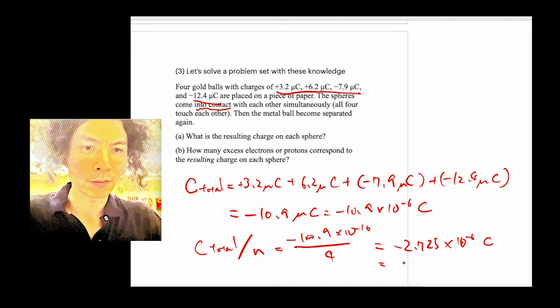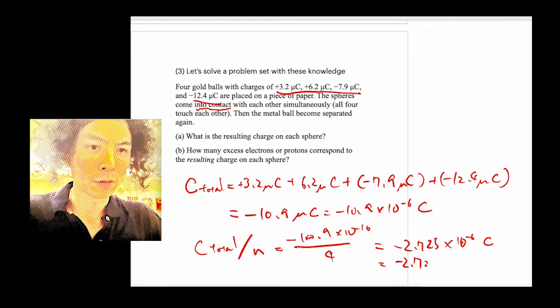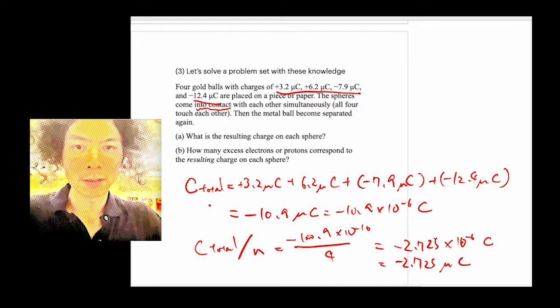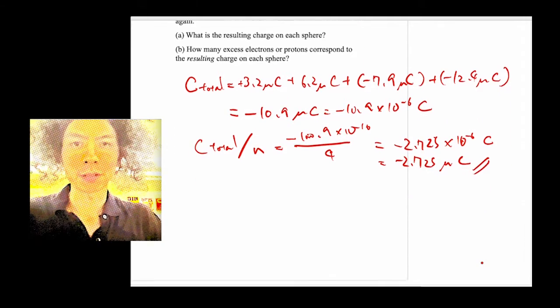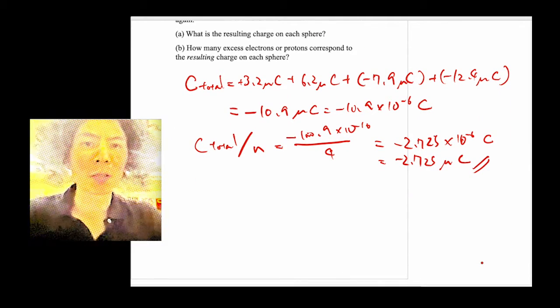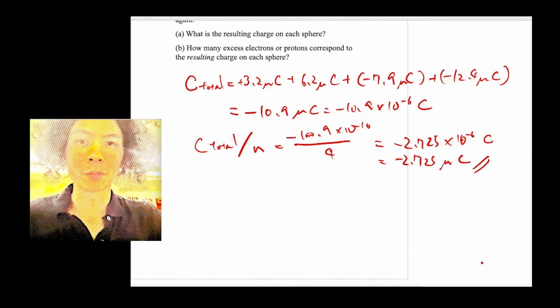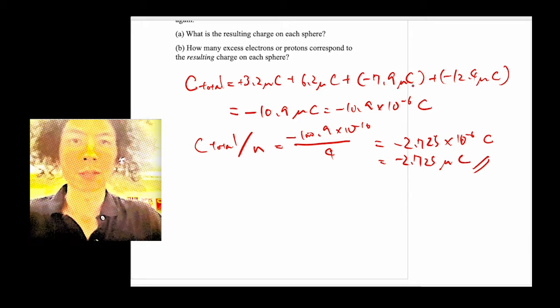If you wanna keep the microcoulomb, you can also say that this is negative 2.725 microcoulomb. So this is the answer for A. It's pretty easy, right?